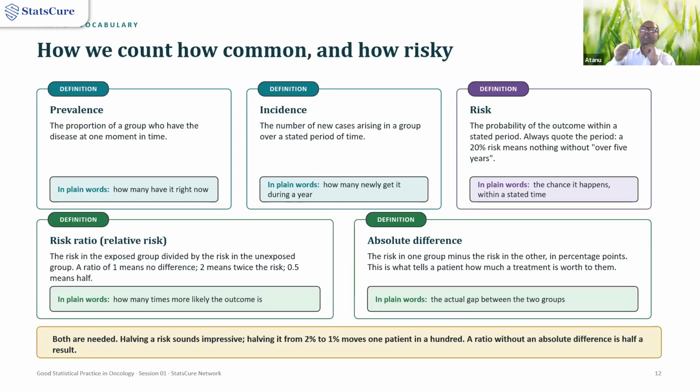So these tools, risk ratio and absolute difference, can be adopted in various places, both for population level data from a strategy standpoint as well as clinical outcomes data.